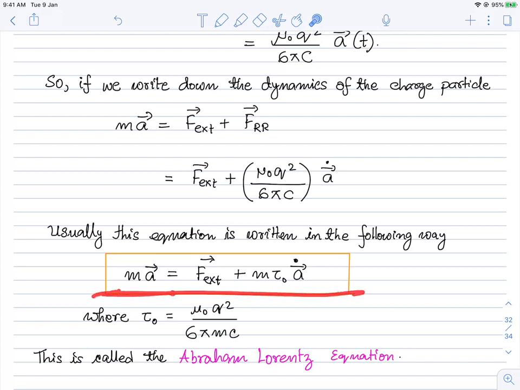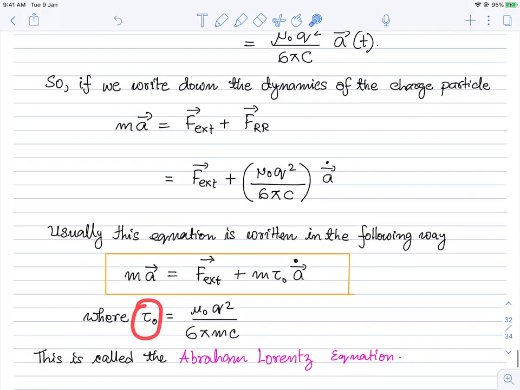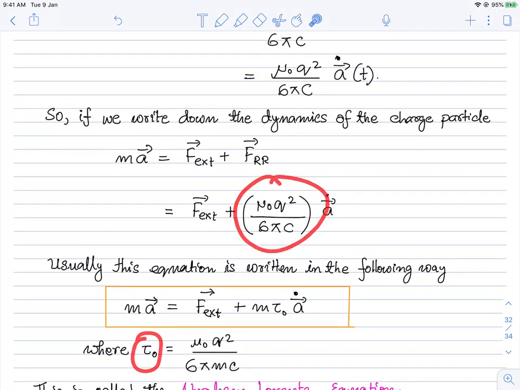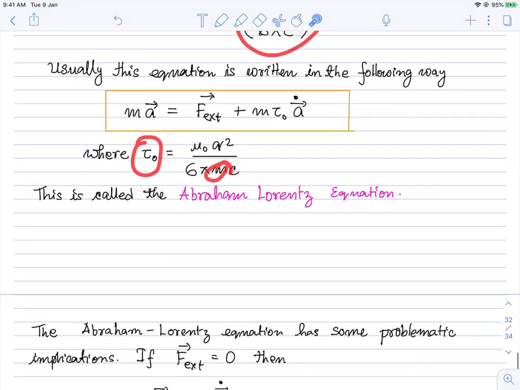This is the way in which the Abraham-Lorentz equation is written: mass times acceleration equals external force plus mass times some constant tau naught times the time derivative of the acceleration. If you compare it with our expression here, tau naught is given by this expression divided by the mass.